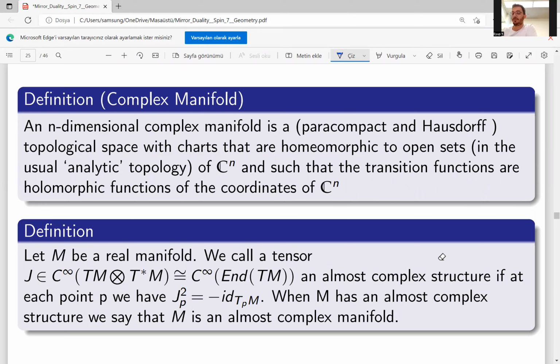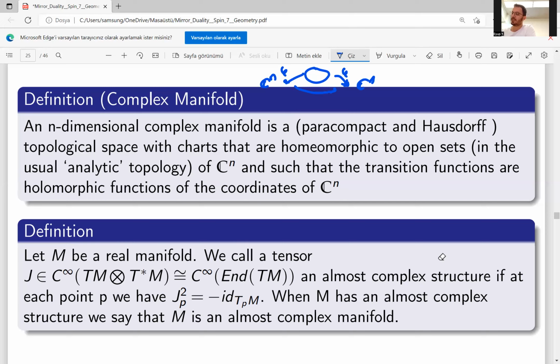Actually, if you know the classical real n-dimensional manifolds, you can define that with at least two charts and a transition function, and this transition function has to be differentiable. Here the idea is exactly the same. To be a complex manifold, you take again the transition function, but you replace Rn with Cn.